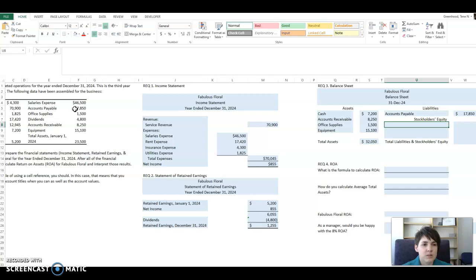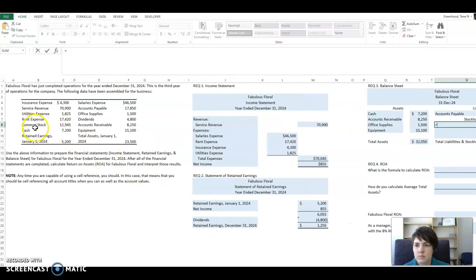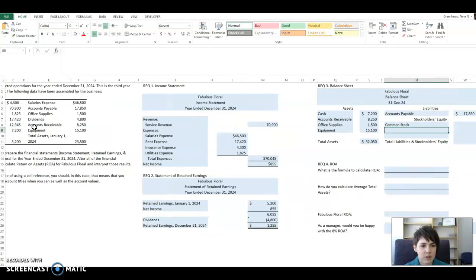Then after liabilities, we list equity, and so that includes common stock. And if you remember the accounting equation, we took equity and we broke it down and said common stock, and then the rest of it was minus dividends plus revenue minus expenses. And that revenues minus expenses gives us income or loss.